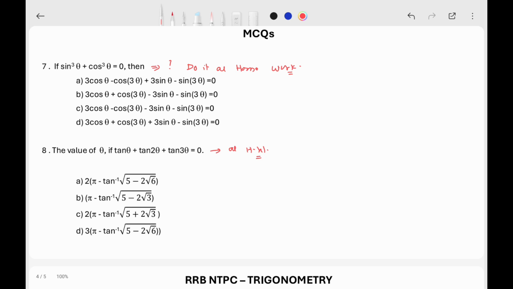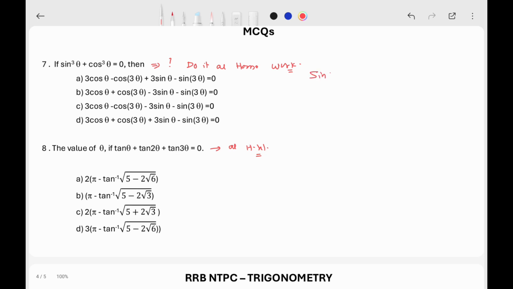You just see, sin cube theta plus cos cube theta, we have converted into cos 3 theta, sin 3 theta. Can we do that? I will give the answer, but I will not give the solution. Please try to find out the solution by using the compounding equations.